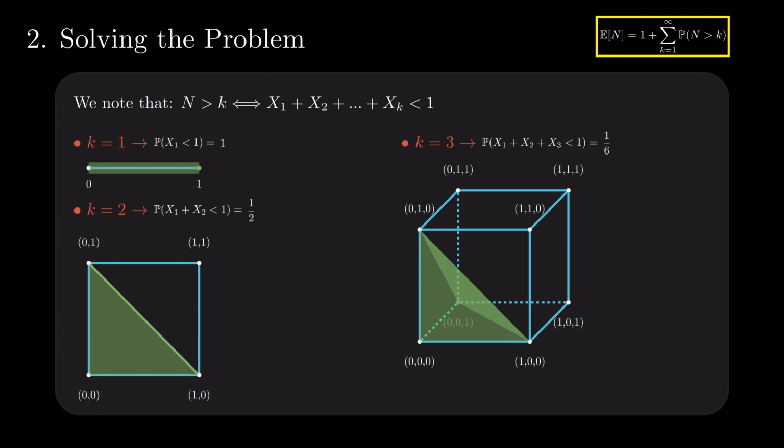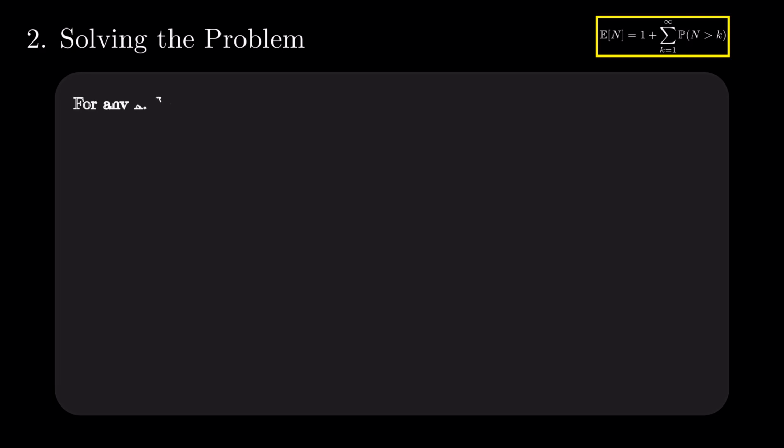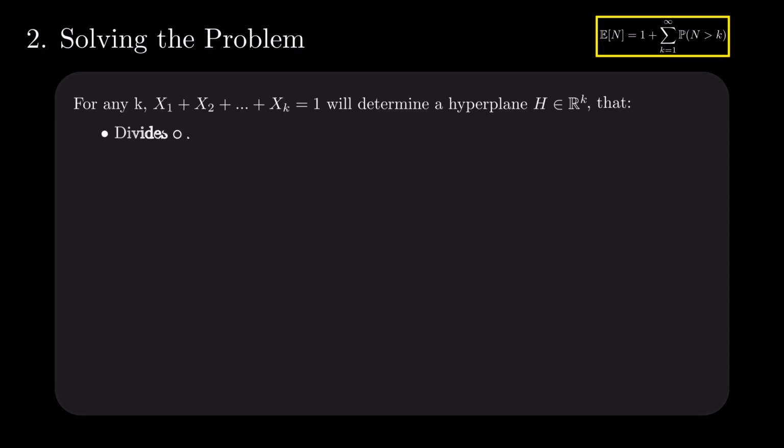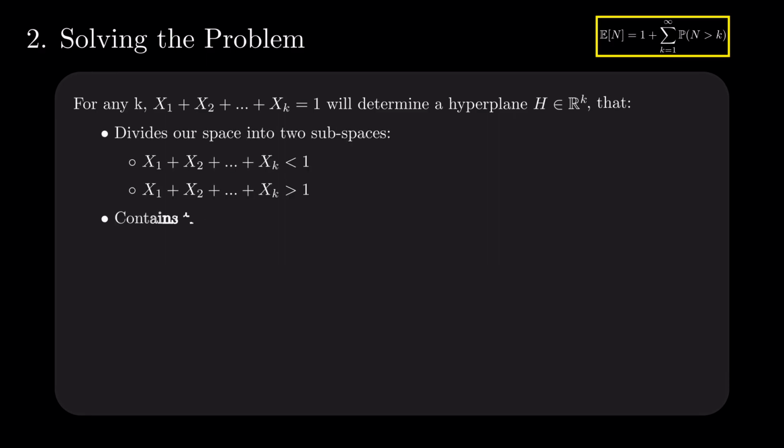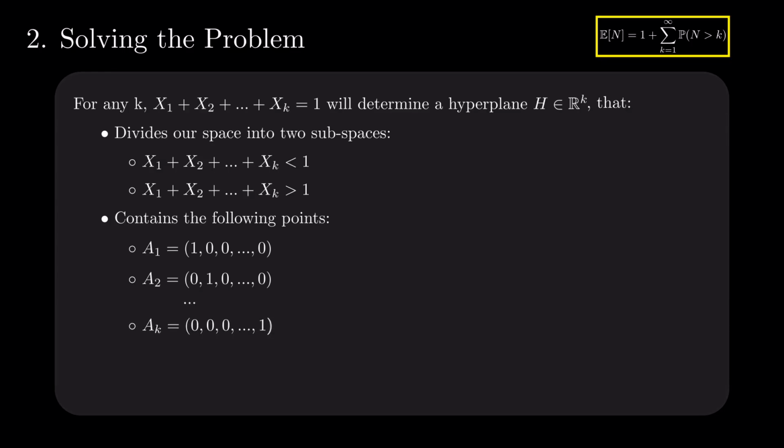Let's quickly try and formalize it. For any positive integer k, the equation x1 plus x2 plus and so on plus xk equals 1 determines a hyperplane in R^k. It splits the space into two subspaces and contains the points ai that have as their only non-zero coordinate 1 in the ith position.